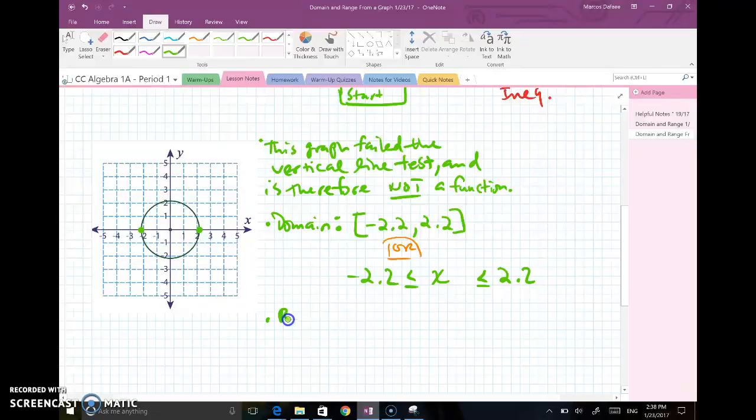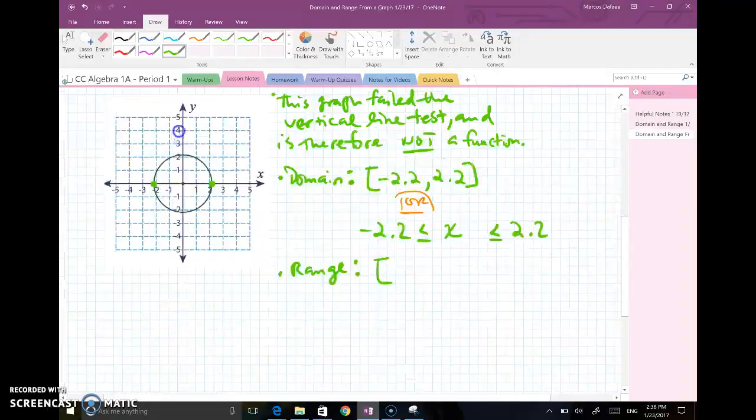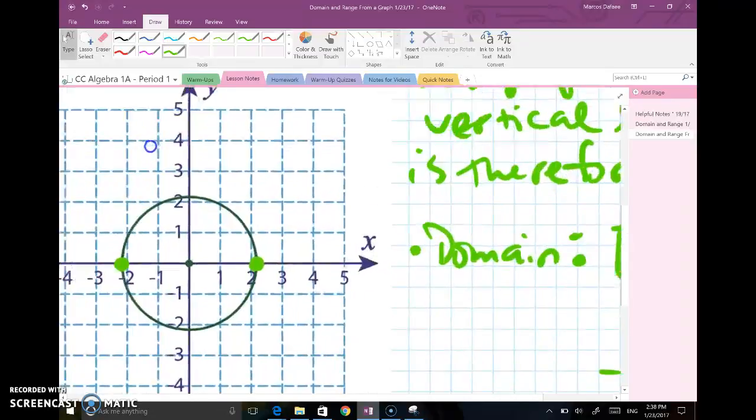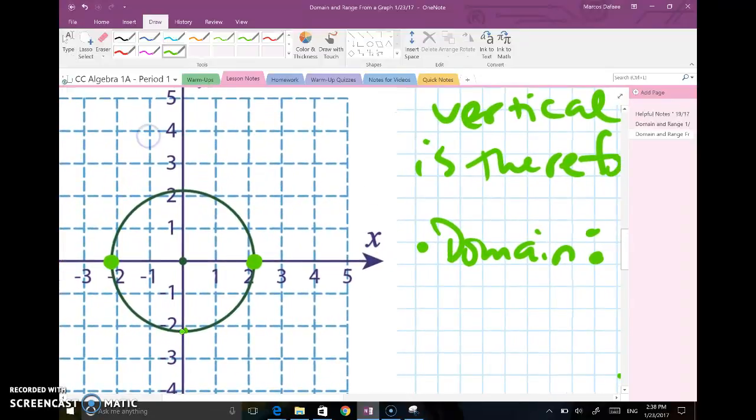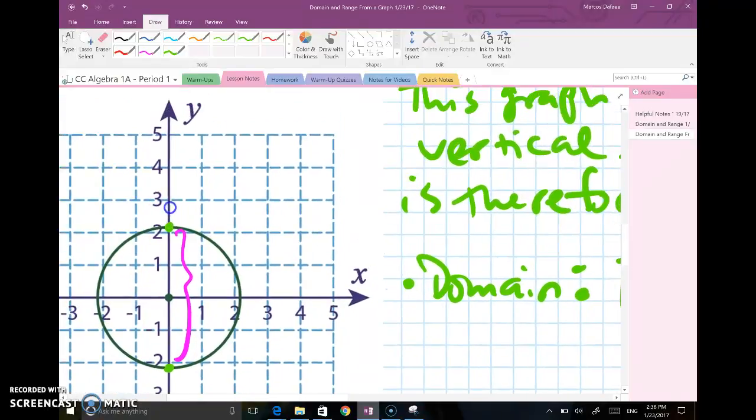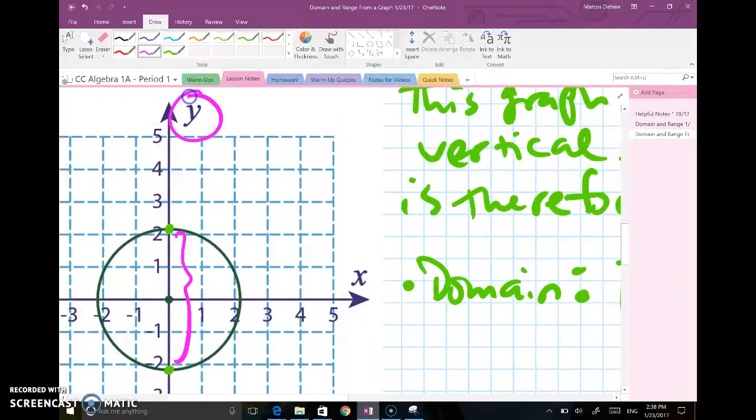And then the range for this is about the height, how tall this circle is. And if you look closely, the range goes from all the way down here to all the way up there. And that whole height, from here all the way to there, that's from -2.2 all the way to +2.2, but along the y-axis, as you can see right there, along the y.